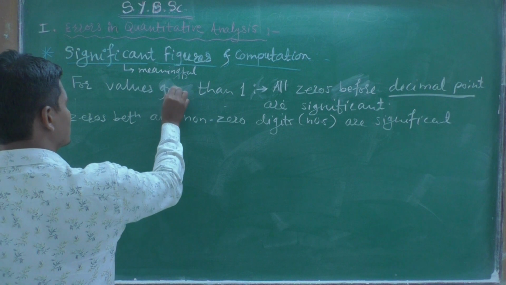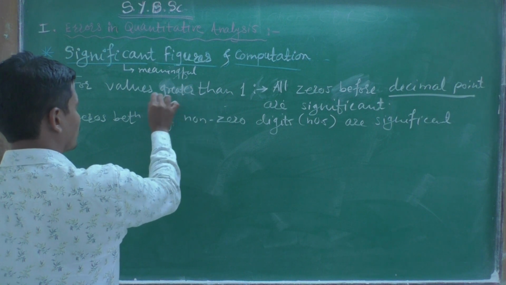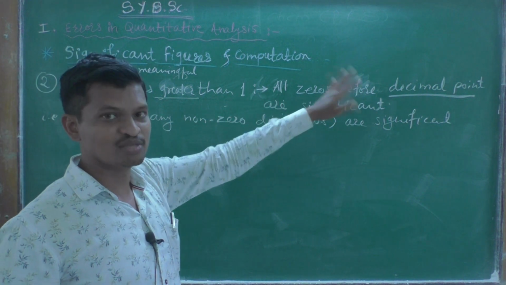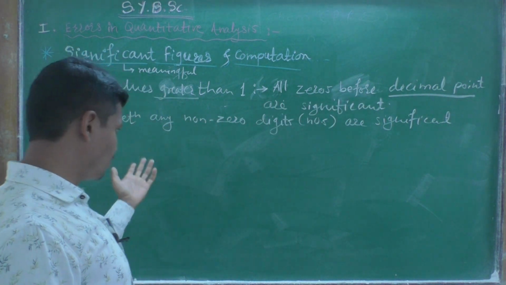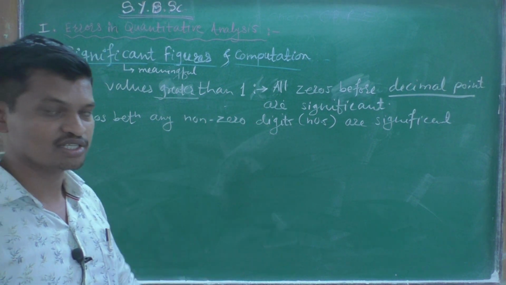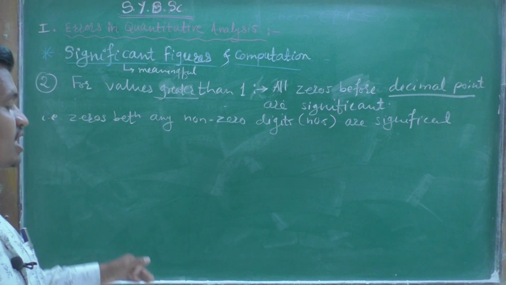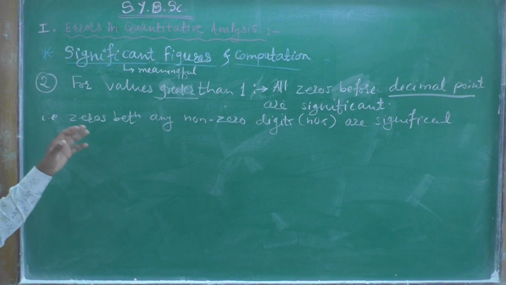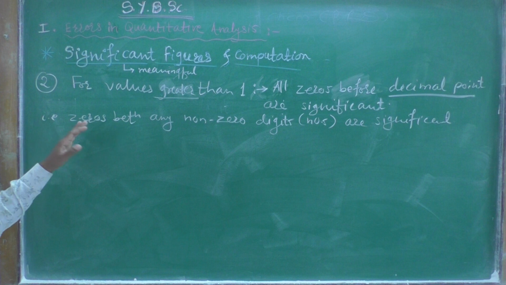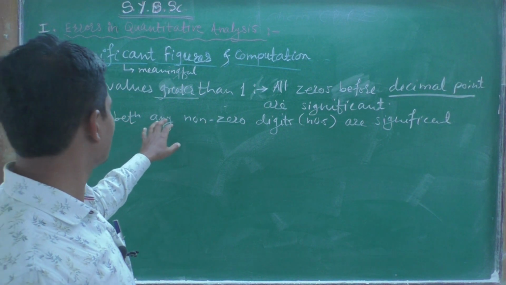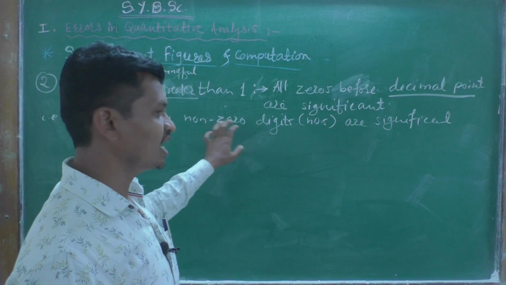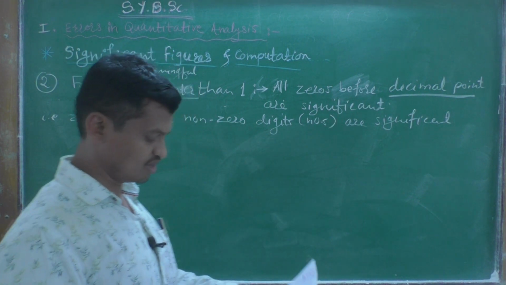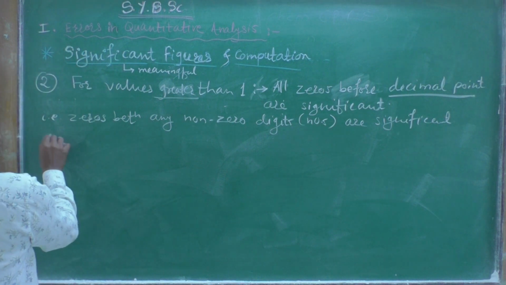For values more than 1, all zeros after the decimal point are significant. In other words, this rule can also be stated as: zeros between any non-zero digits or numbers are significant. Okay, let us see examples.